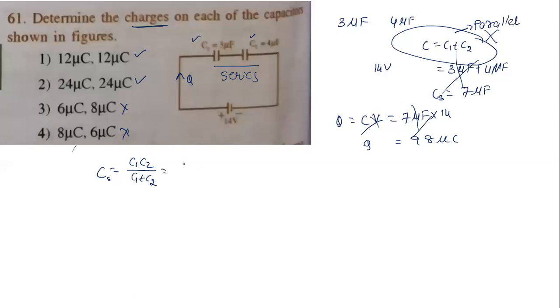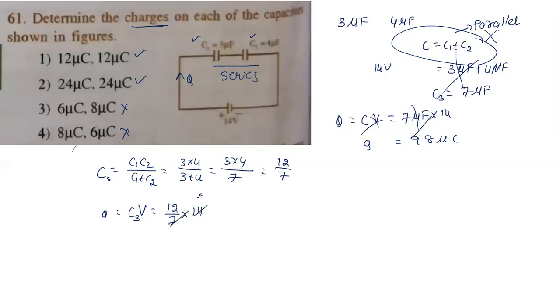Now we need to find out. It is 3 into 4 by 3 plus 4, which is 12 by 7, that is CS. Now we need to find charge. Q equal to C times V. So CS is 12 by 7 into V, which is 14.